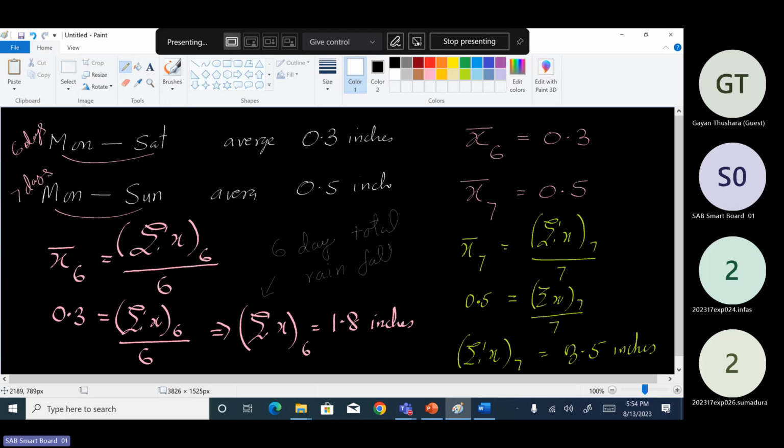Six-day total rainfall. So this is the 7-day period.